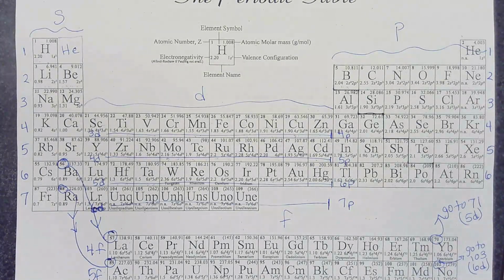What subshell? S. Energy level is 1. Subshell is S. Yes or no? Okay, let me say all that in a sentence. Hydrogen has 1 electron in the first energy level, S subshell. Everybody agree?